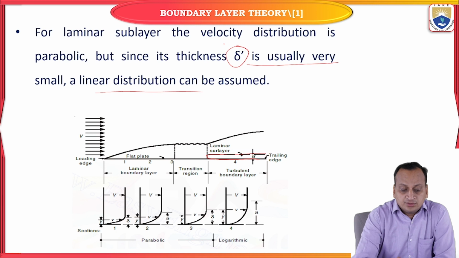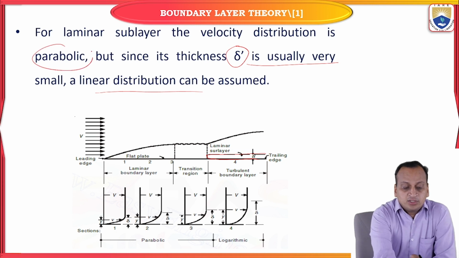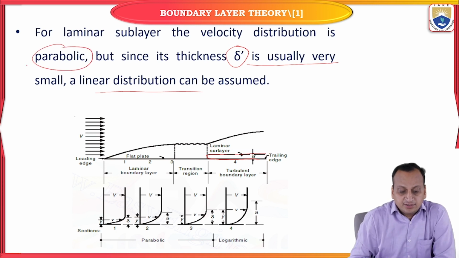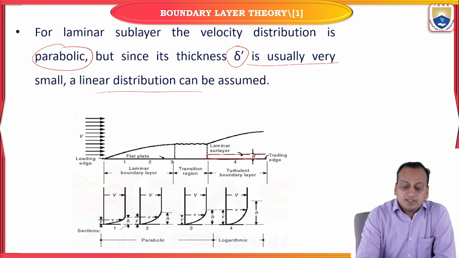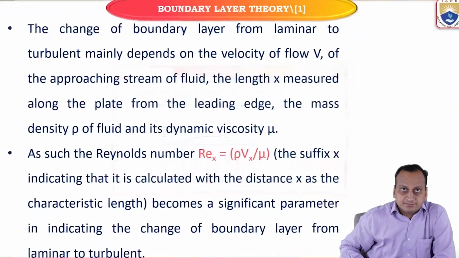So this is also assumed to be a parabolic relationship. So in case of the laminar zone, it is parabolic, and up to transition also it is parabolic. But in turbulent, the laminar sublayer also exists, even though it is turbulent. So in that small region also it will be following the logarithmic relationship.